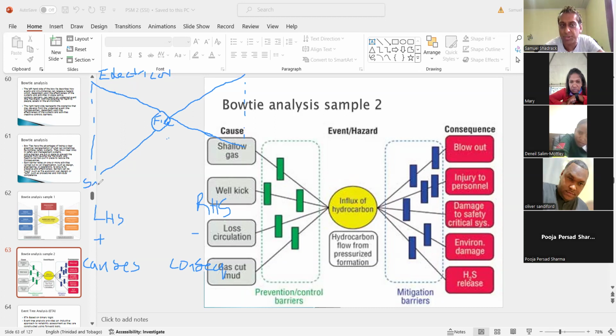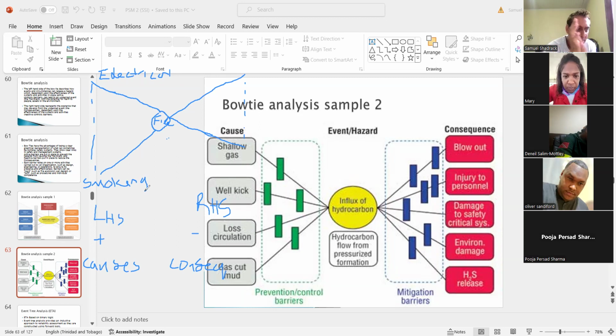So smoking probably next to a barrel of diesel or something, some sort of fuel. Those are the causes of the fire. But at the left-hand side, they say what if or what could cause a fire? Somebody smoking.